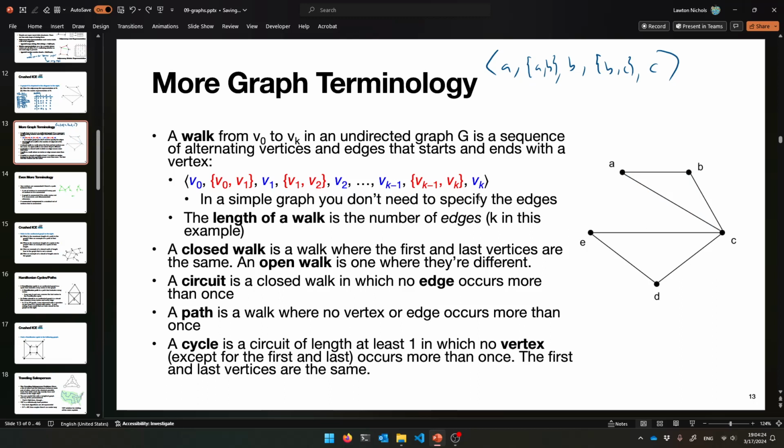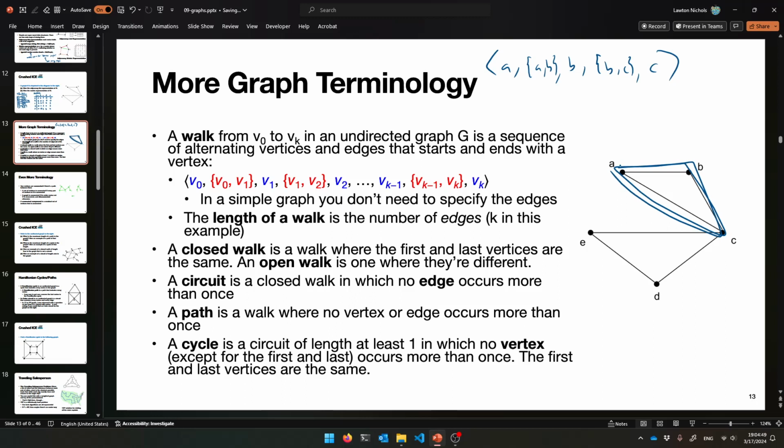And all right, a circuit. A circuit is a special kind of closed walk. We're going to keep adding side conditions. So a circuit is a closed walk in which no edge occurs more than once. For example, if I go from here to here to here, I can go back around and make 2 loops, can't I? That's a closed walk. I can still move around and get back to myself.